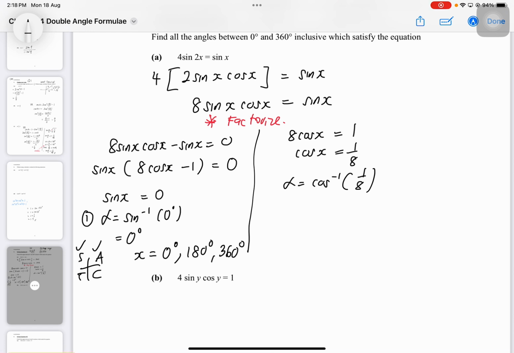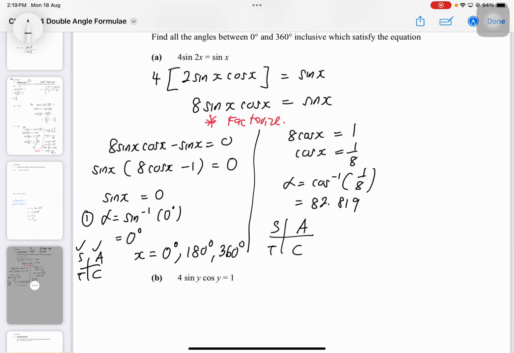Find your alpha, hurry up. ASTC, this one should be at the back of your head already. Okay, your alpha: 82.819.